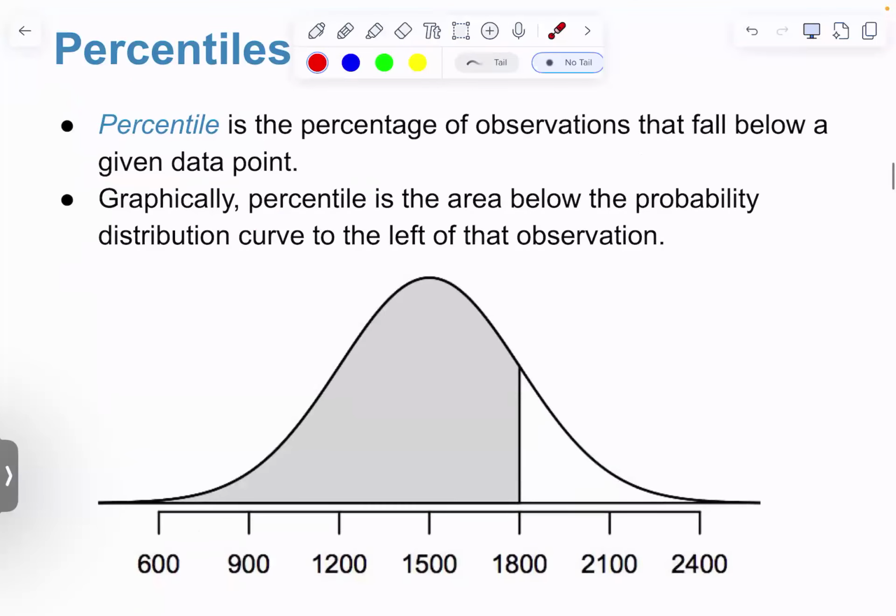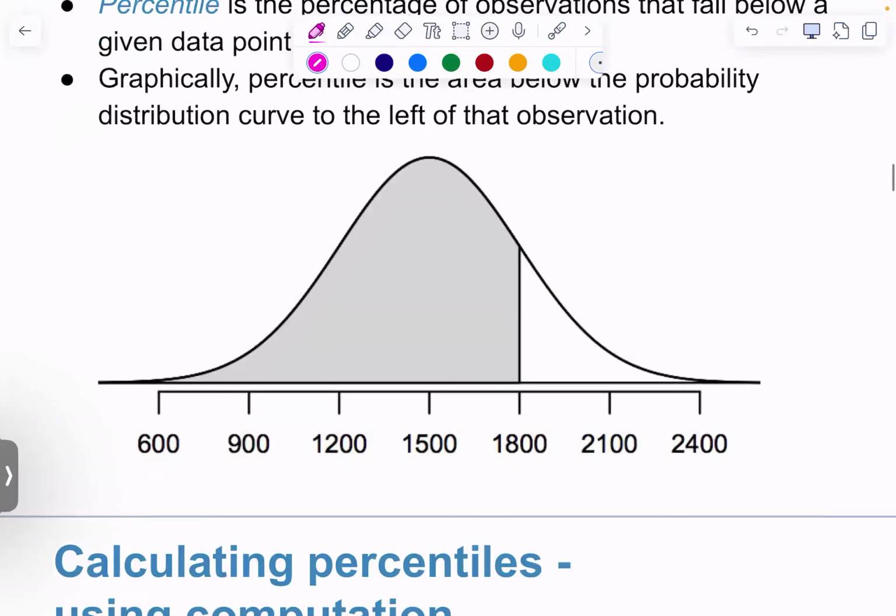Now, if we have a normal distribution, the percentile is the area below the probability distribution curve, which we just call the curve, to the left of that observation. Okay. And so what we're going to have is, this looks like Pam's score, 1800.